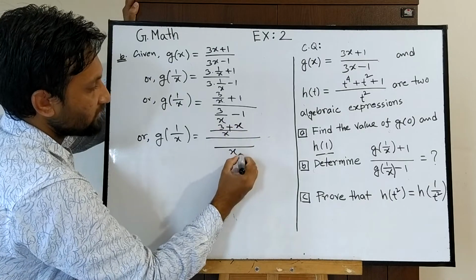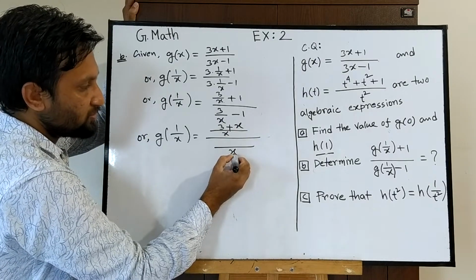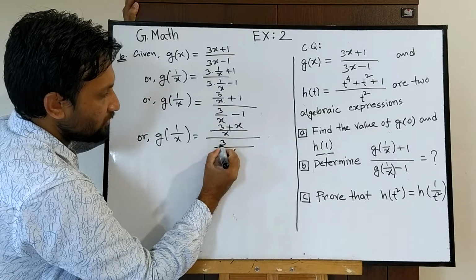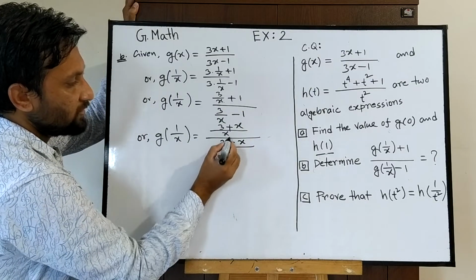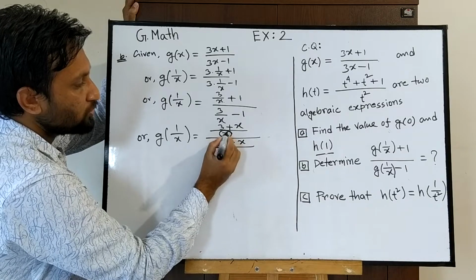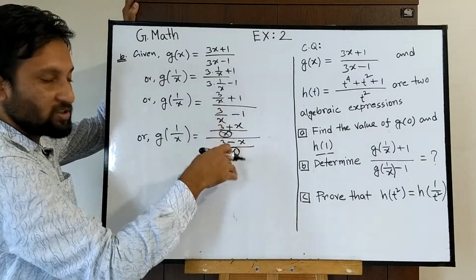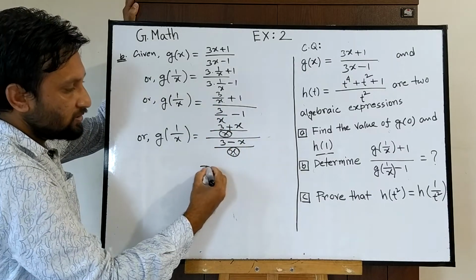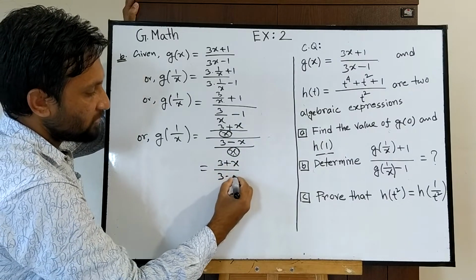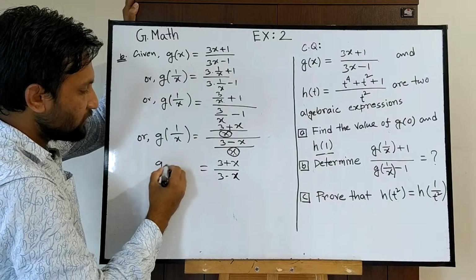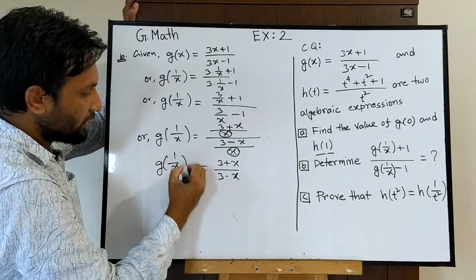Now in the denominator, x and x are the same, so only the value 3, and then minus 1 into x, that means minus x. Both denominators are the same in this double fraction, so we can write it as 3 plus x over 3 minus x. This is the value of g of 1 by x.